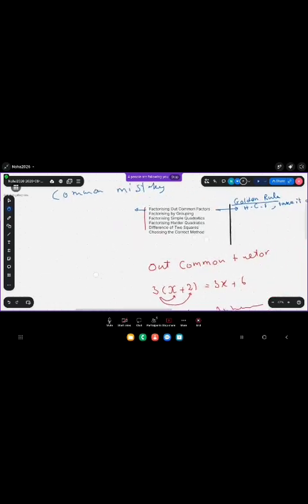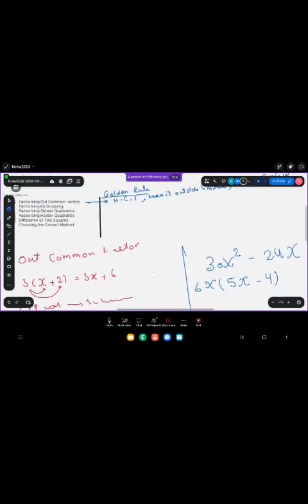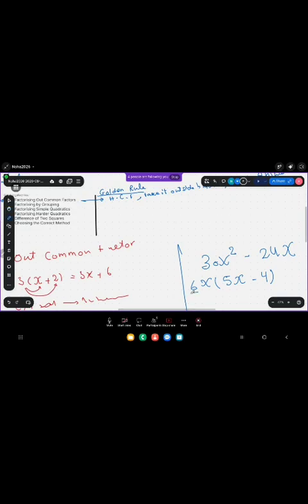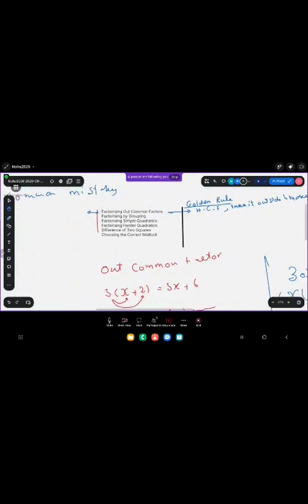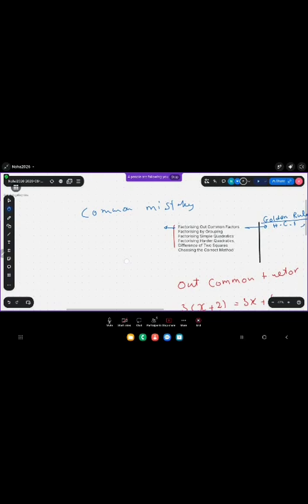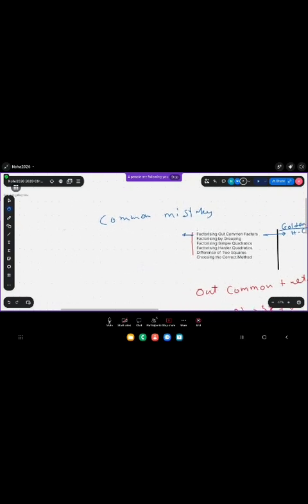Okay? Like this question, look. Here, we have a common factor for numbers and common factors for variables. A lot of students get out the common factor for numbers only. So if you get out the highest common factor from numbers only, it's a very big mistake.